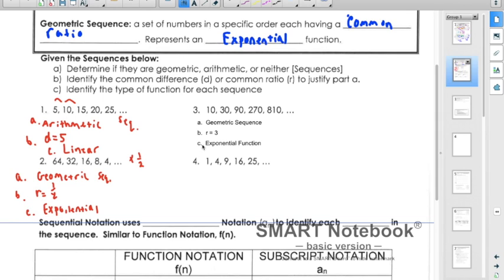If I go from 1 to 4, I'm adding 3. From 4 to 9, I'm adding 5. From 9 to 16, I'm adding 7. From 16 to 25, I'm adding 9. This is no constant rate of change, and I'm not multiplying by the same number either. This is neither. This is not either sequence. This isn't arithmetic. This is not geometric.